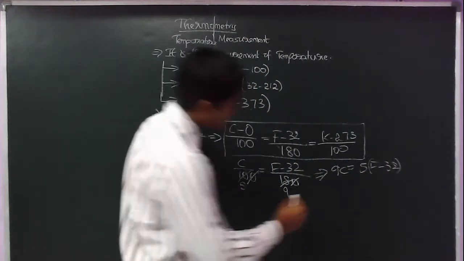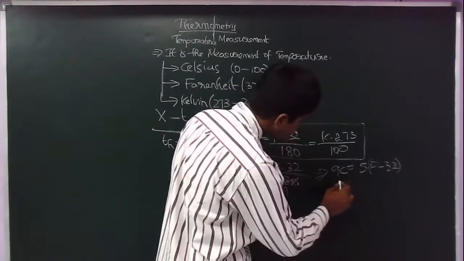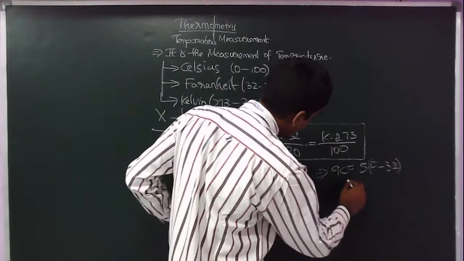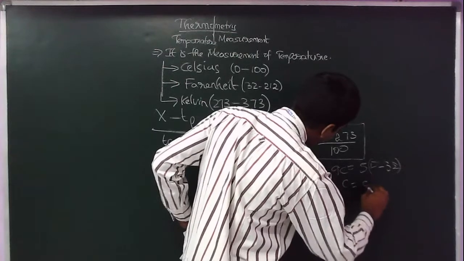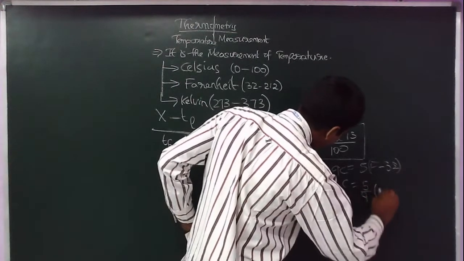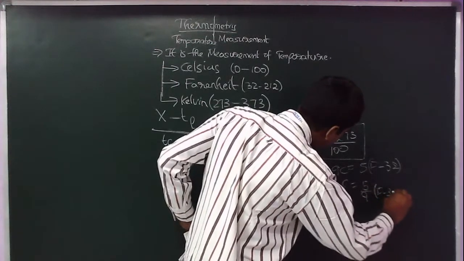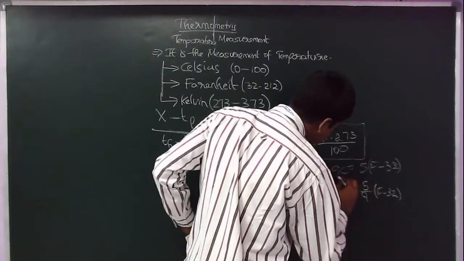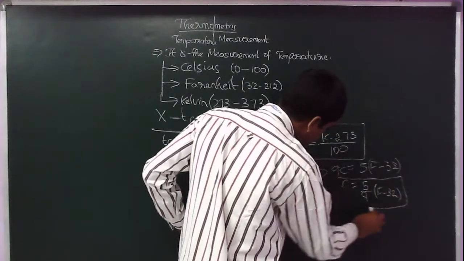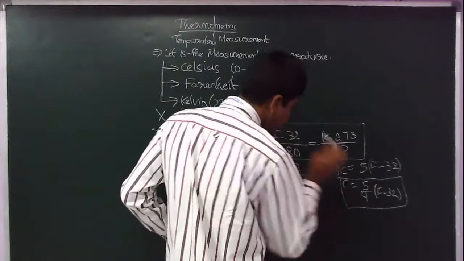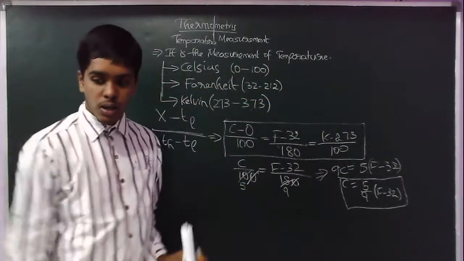Now C is equal to 5 by 9 into F minus 32. Okay.